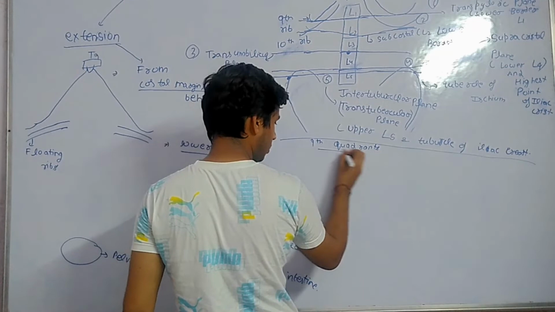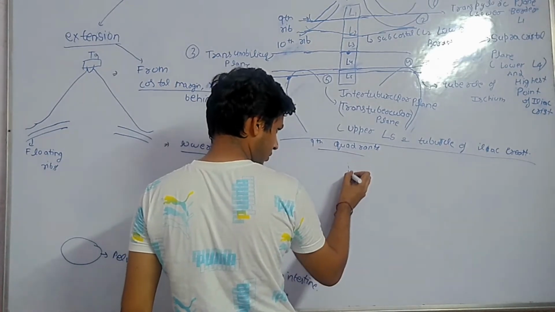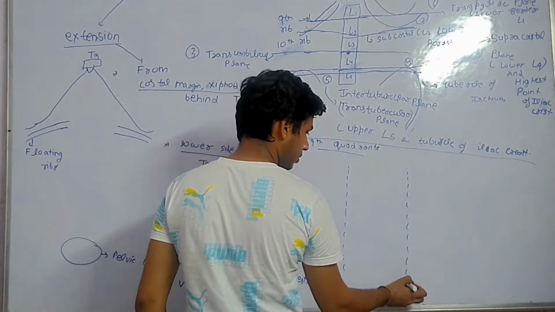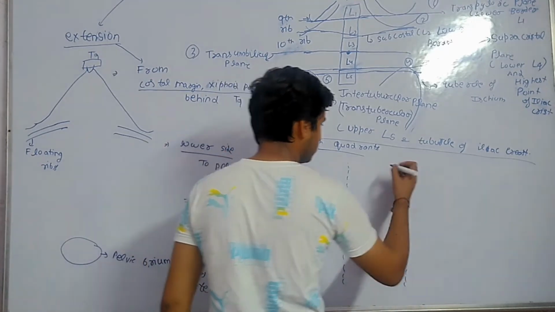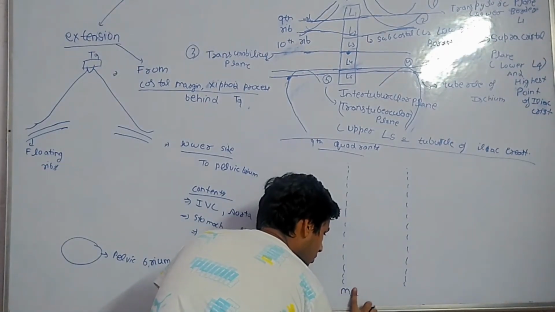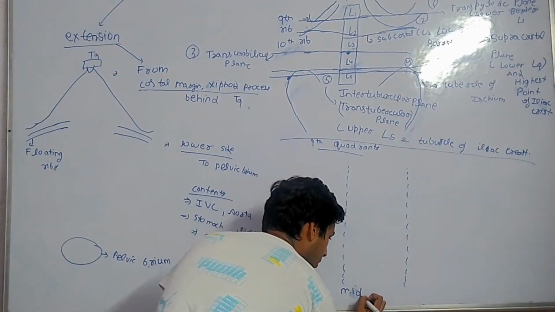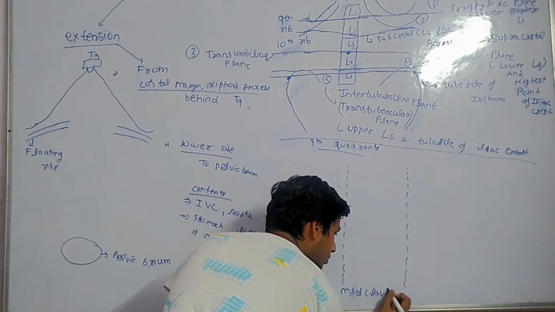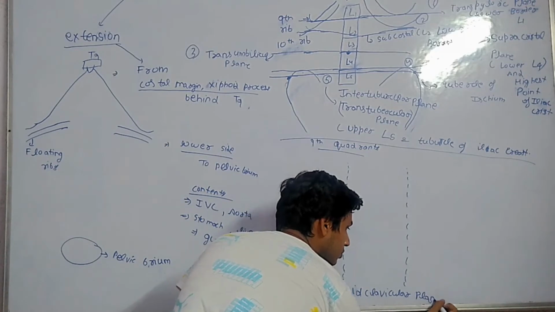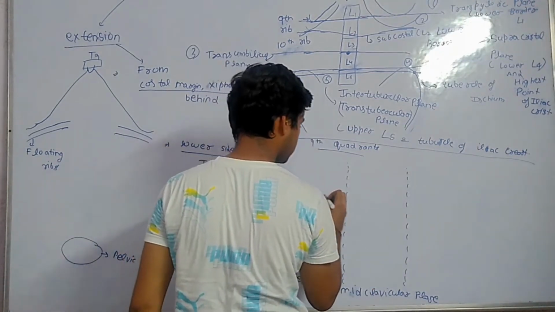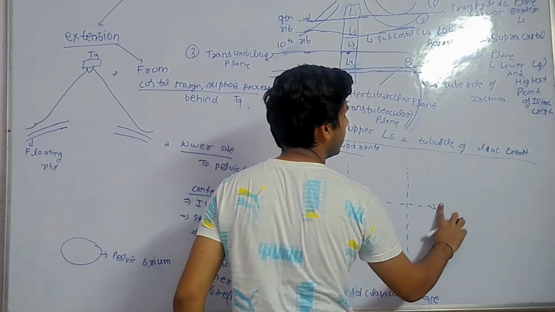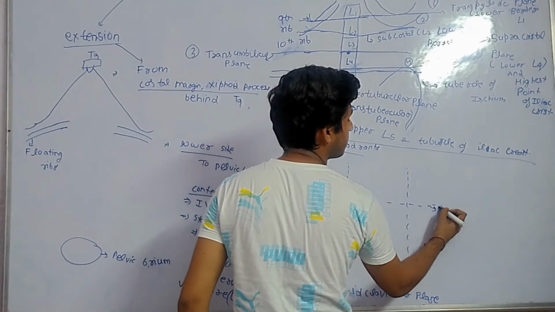How? Let's say these are 2 planes. Which planes? The mid-clavicular plane. And here is the transpyloric plane.